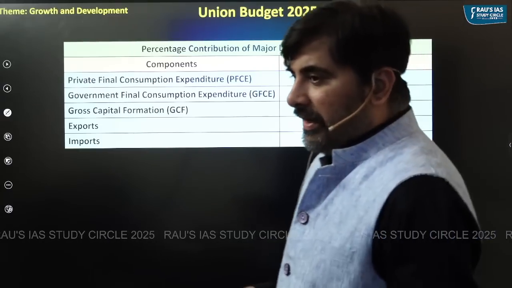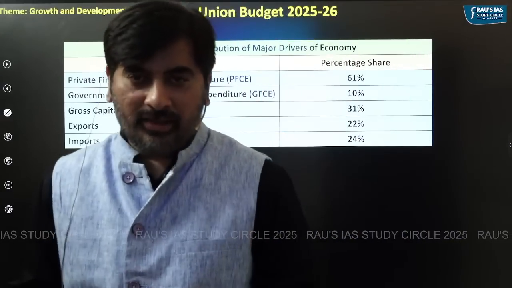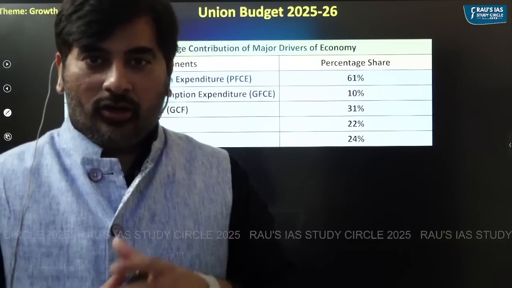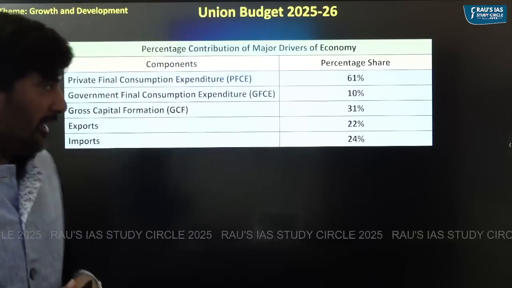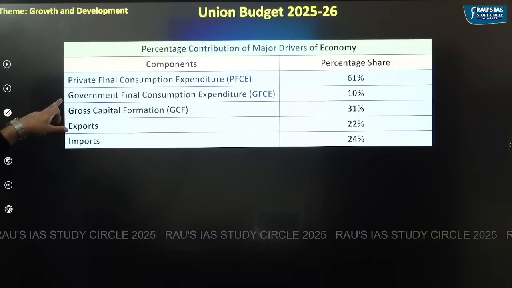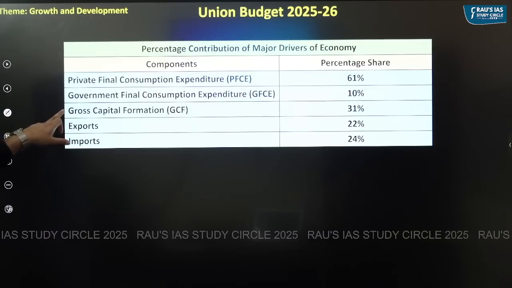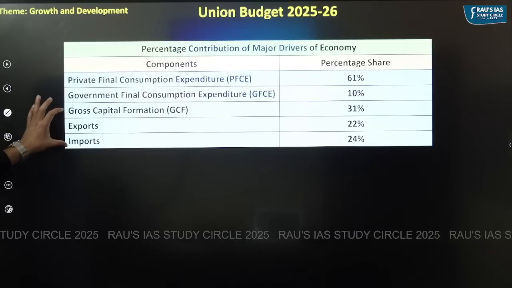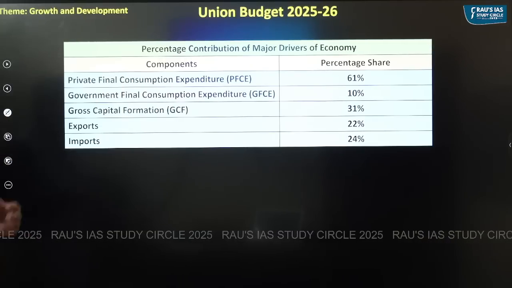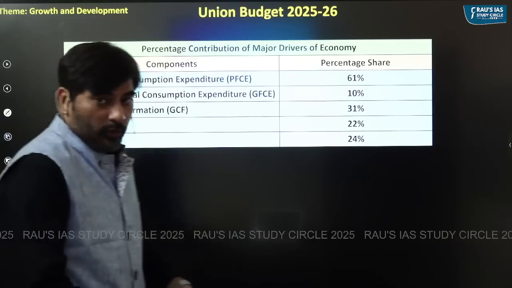So we know that if you want to calculate GDP by expenditure method, we take into account 4 factors. That is PFCE, government final consumption expenditure, gross capital formation, and net exports. Net exports is calculated as exports minus imports.